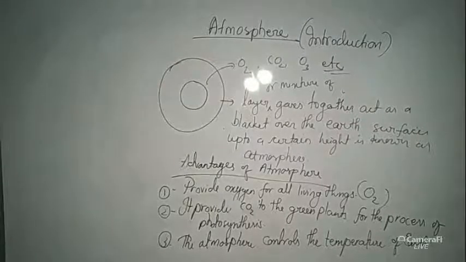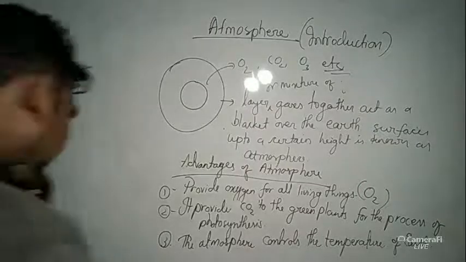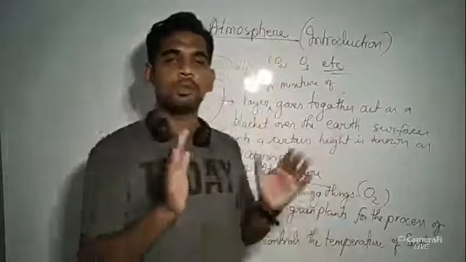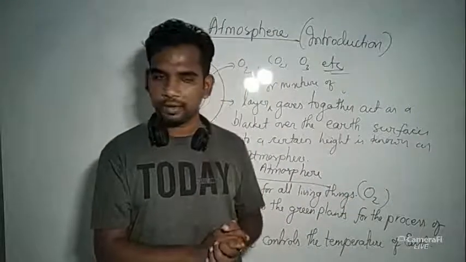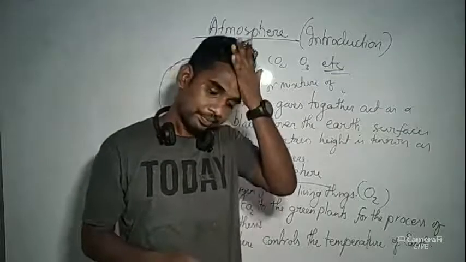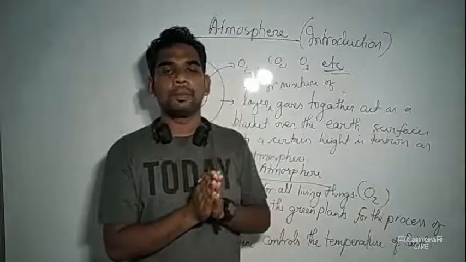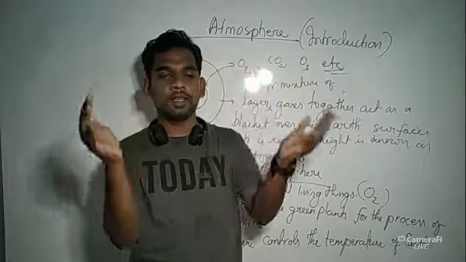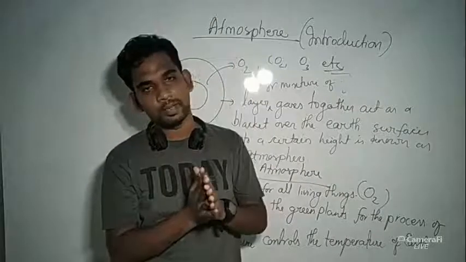Third point, okay, see. Atmosphere controls the temperature of the earth. Let me give a very good example of it. Now, as the earth is covered with a blanket of gases, clear?